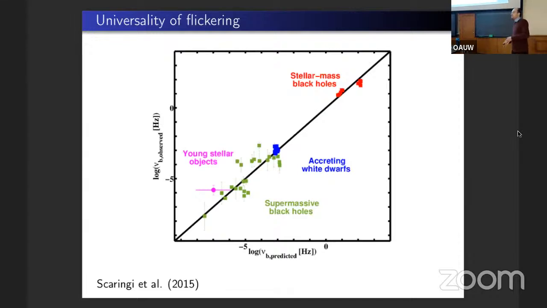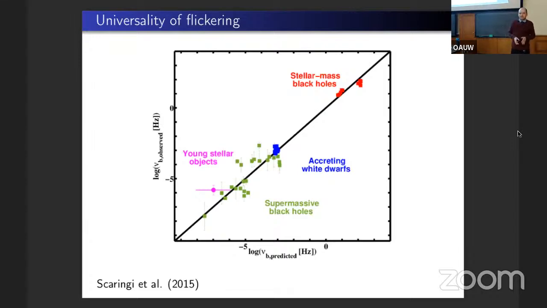Based on that, Scaringi in 2015 claimed that flickering has the same physical source in all accreting objects. And by all, I mean everything with accretion.